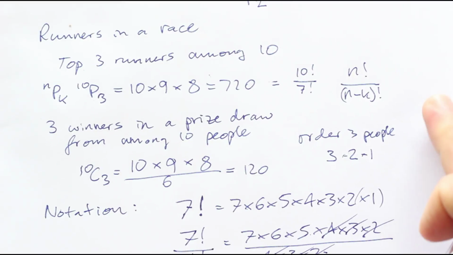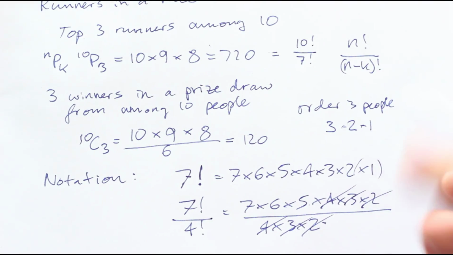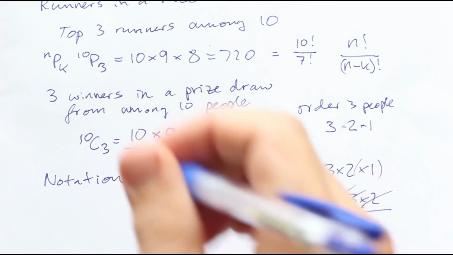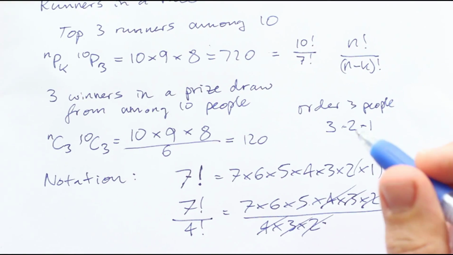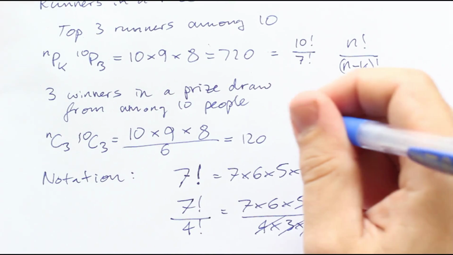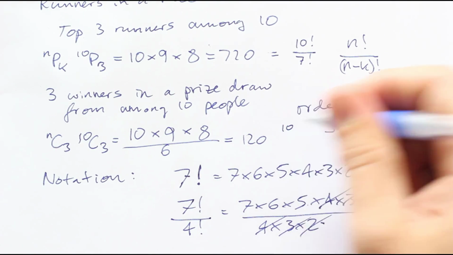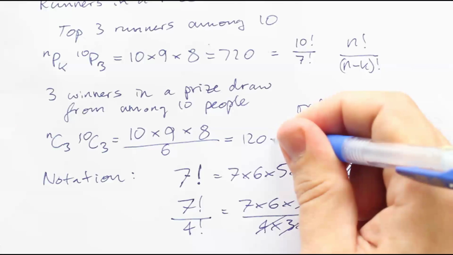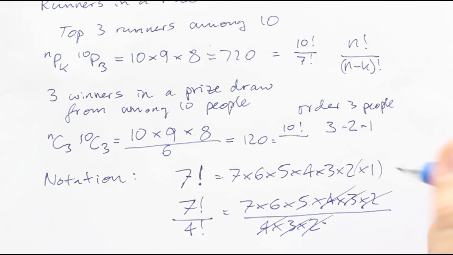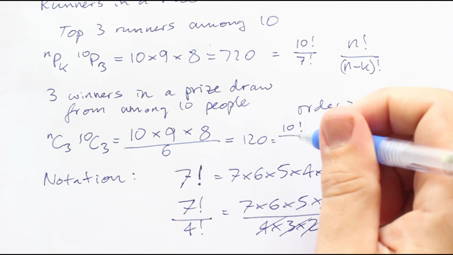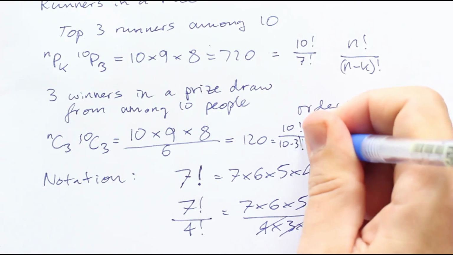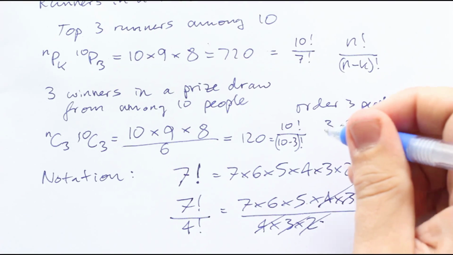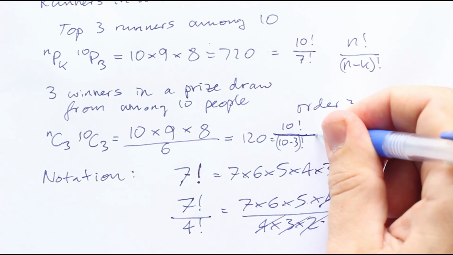Okay. And with combinations, here if you have n choose 3, with these you would say that's 10 that you're choosing from, 10 factorial, but you want to cut off 7, so it'd be 10 minus 3 factorial, in brackets please, because we don't want to subtract 3 factorial from 10.